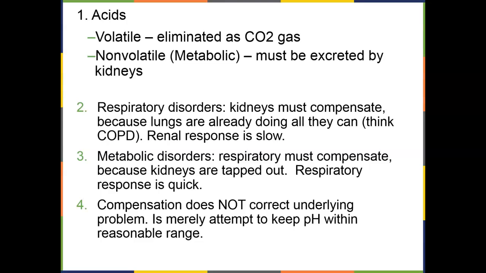But remember, the kidneys are what mainly control your pH. Respiratory helps in maintaining pH, but the kidneys are the ones that produce the long-term control. So compensation is not a correcting mechanism. It just helps to maintain your pH until whatever is wrong can be fixed. Okay?